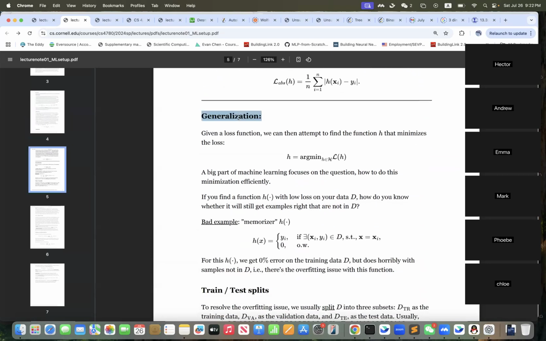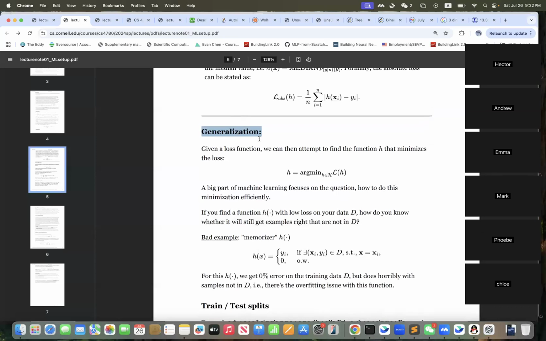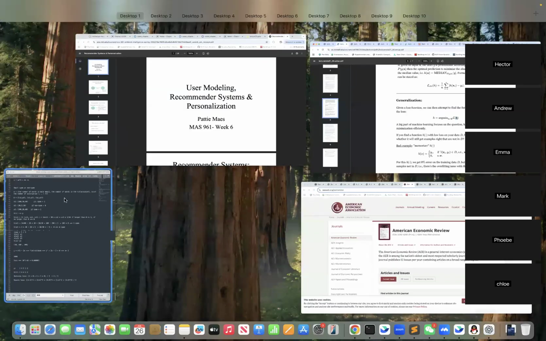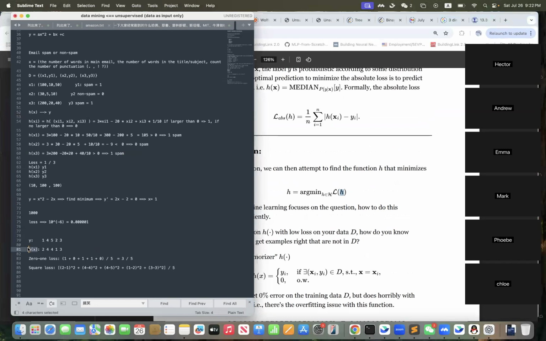So at the end of the lecture, let's talk a bit about generalization. Given a loss function, a loss function really depends on the h, right? Once you have an h, in this example we don't even give you the specific h. We just give you the result of h applied on x.